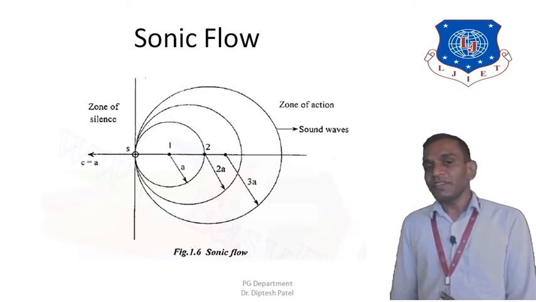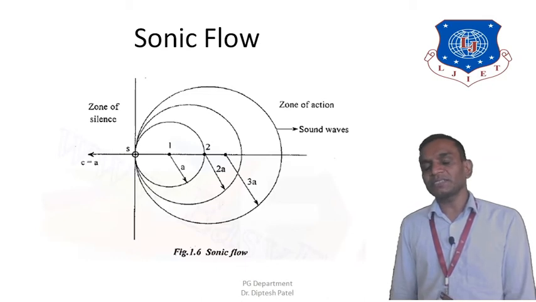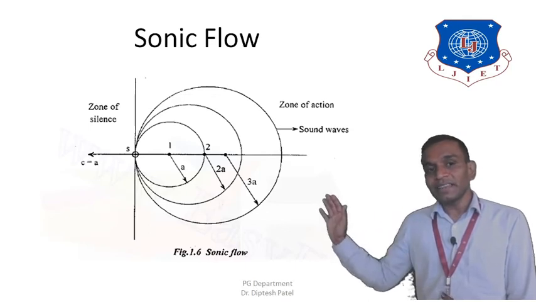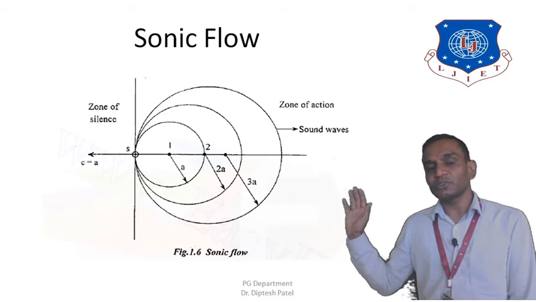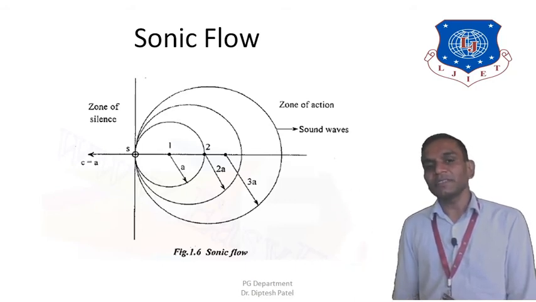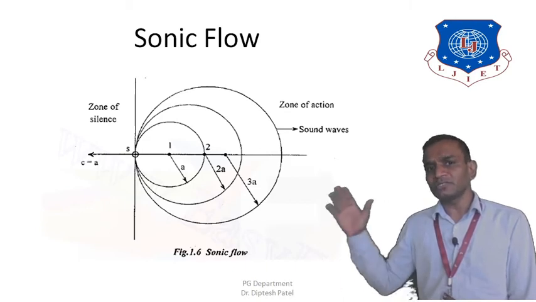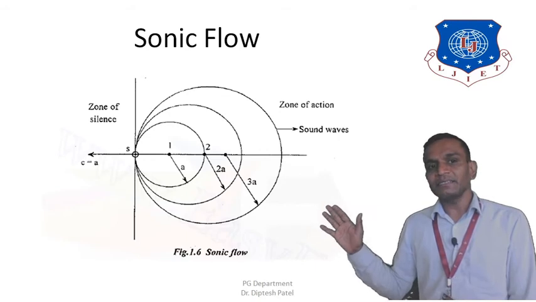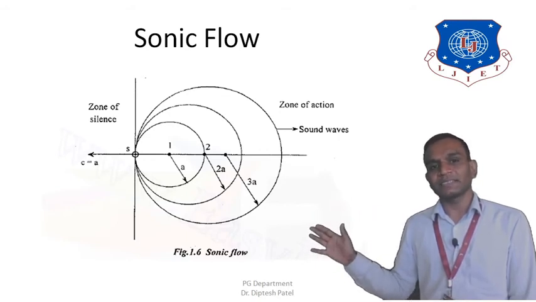Now these waves are also spherical in nature, and you can see that if you look at the left hand side of the point S, which is shown as a zone of silence, these waves do not fall in this zone, so this zone is known as the zone of silence.